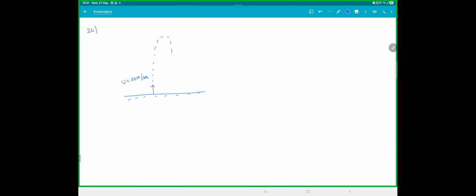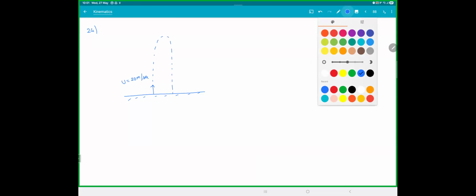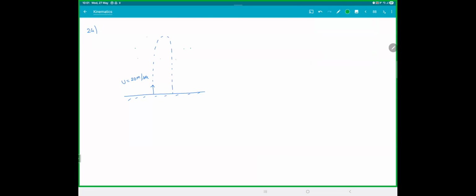So this thing goes up and comes down, and let's say there is air resistance. I will keep it a little simple. Gravity g is still there.